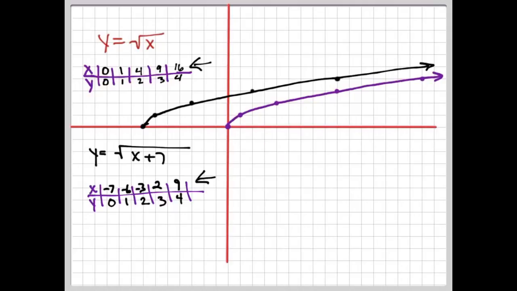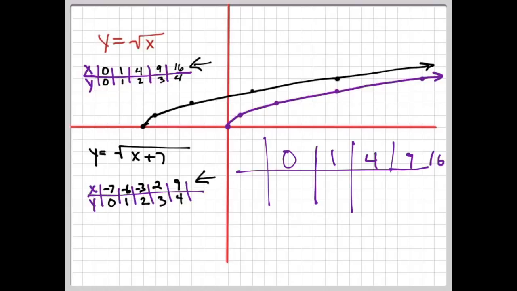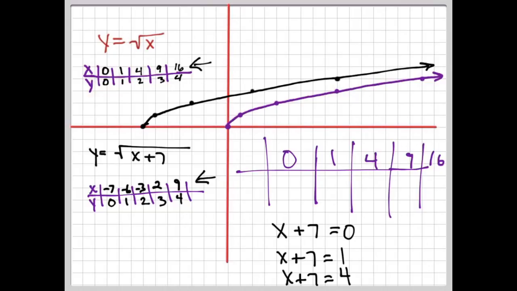Let's look at it another way. It was 0, 1, 2, 3, not 1, 2, 3: 1, 4, 9, 16. Now I want x plus 7 to fill in for my 0, and I want x plus 7 to fill in for my 1, and I want x plus 7 to fill in for my 4.